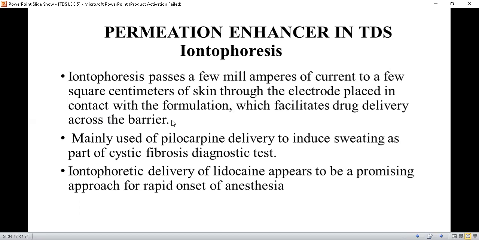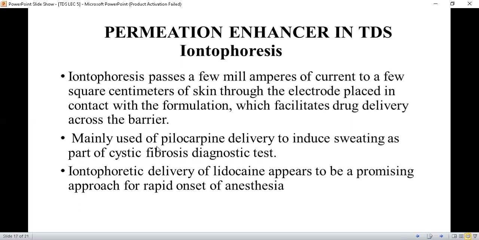It means iontophoresis is a phenomenon in which a few milliampere of current is applied on the skin surface so that it will increase the permeability of the skin, and that will ultimately increase the penetration of the drug.